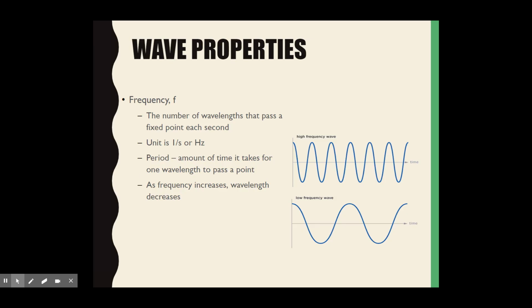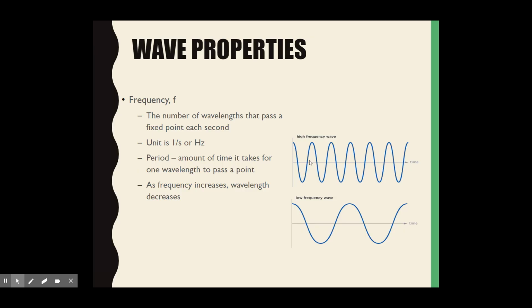The period is the amount of time it takes for one wavelength to pass a point. So period is the time, frequency is the inverse of that, 1/the time. As frequency increases, wavelength decreases.